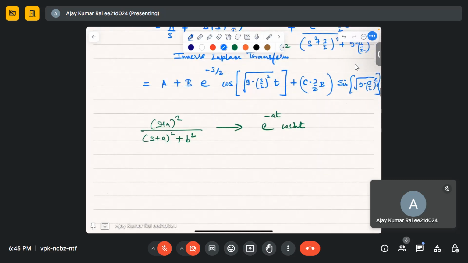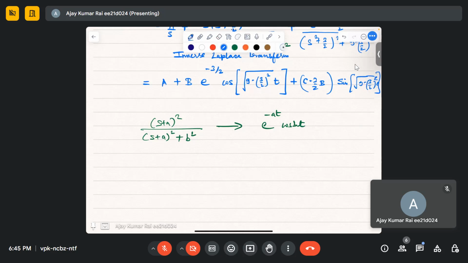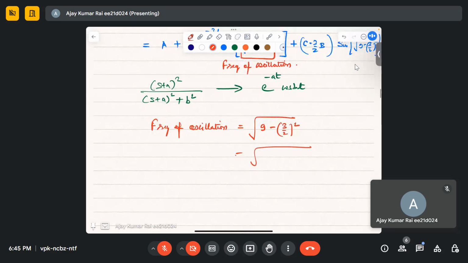So I'll write this. Just comparing, this will be your frequency of oscillation, right? So frequency of oscillation is equal to root of 9 minus (3/2) square.